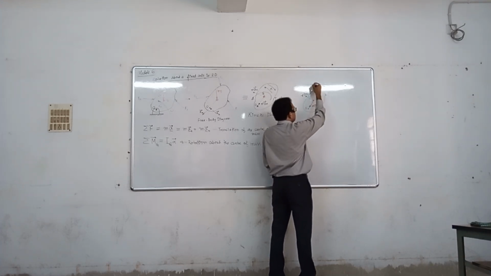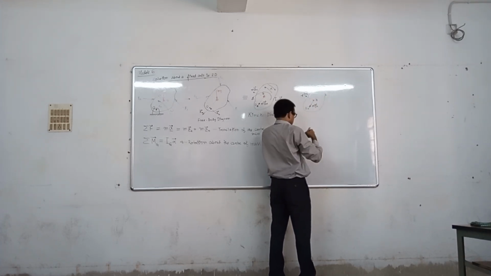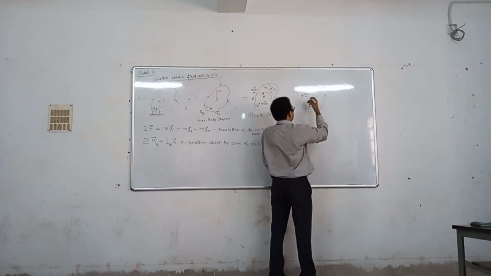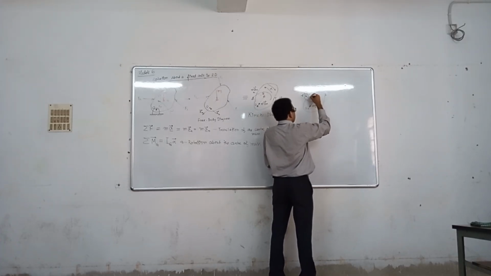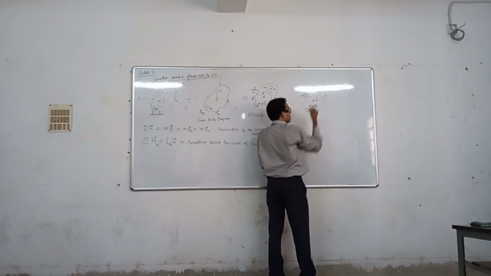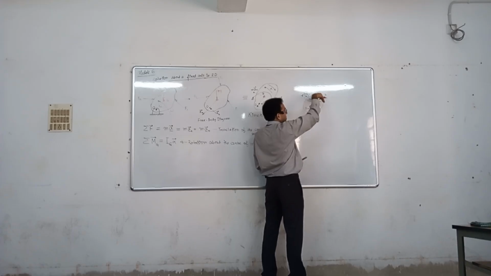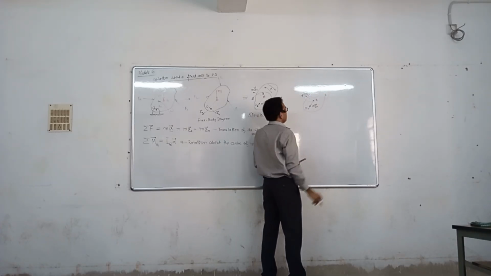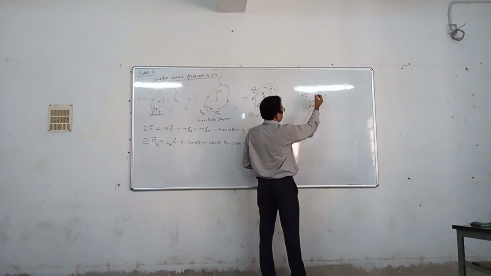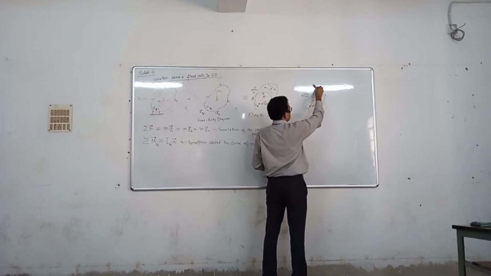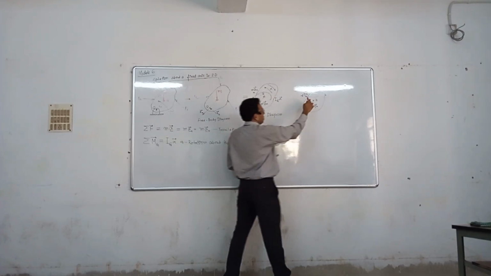Therefore, I will consider this force and this moment. You see, this is the couple. It is in this direction, it is trying to rotate in this direction. Right? So what is happening? I have just shifted this here, and whatever couple was there, I have accommodated here.